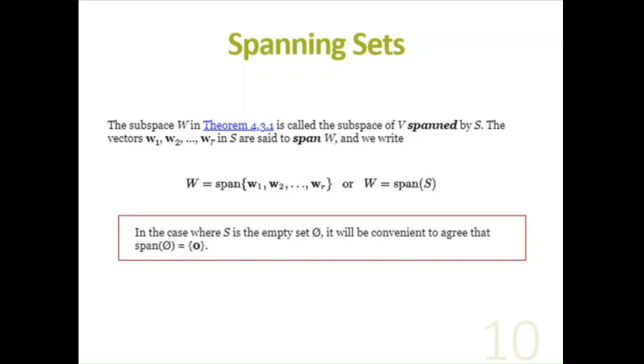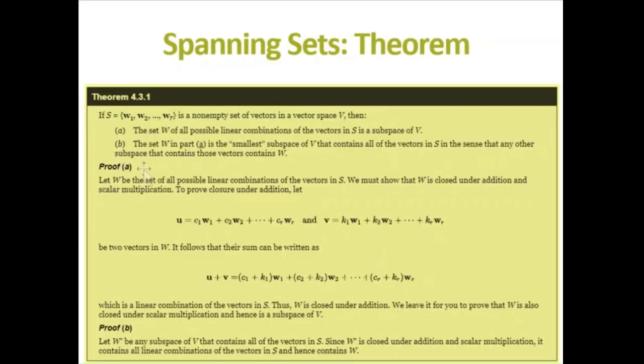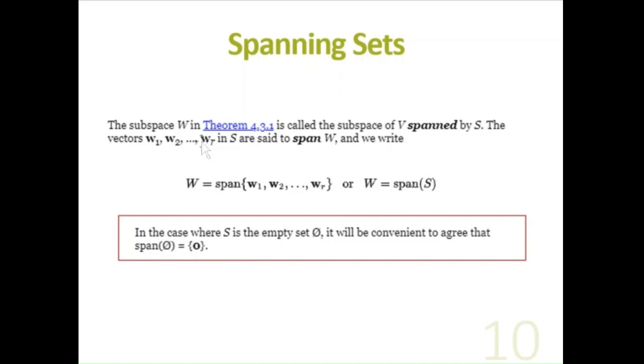And then we have this other definition where the set W is all possible linear combinations of another set S, and we call it W equals the span of S. Or we would say that the subspace W is spanned by S. So definitely review those slides.